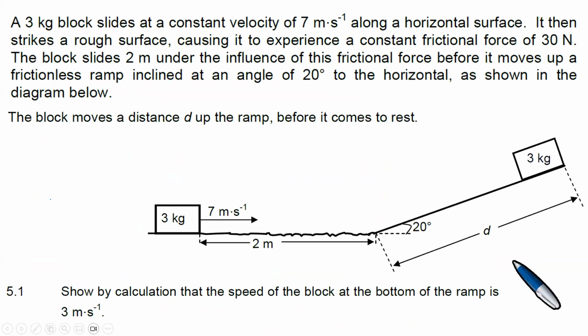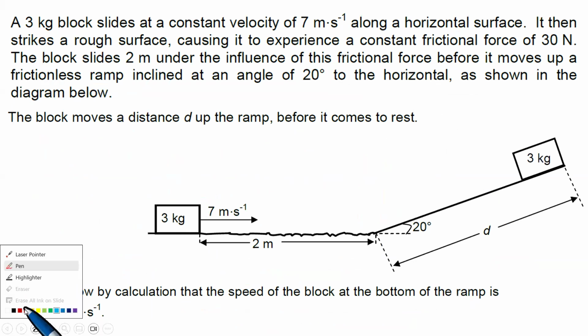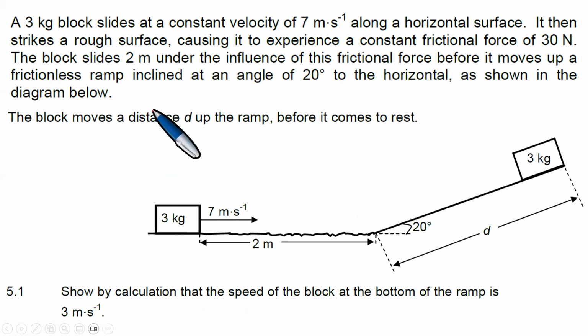In the next question, we have a 3-kilogram block that slides at a constant velocity of 7 meters per second along a horizontal surface.